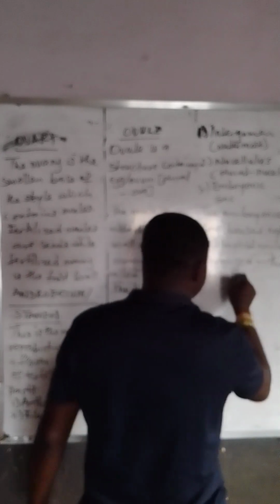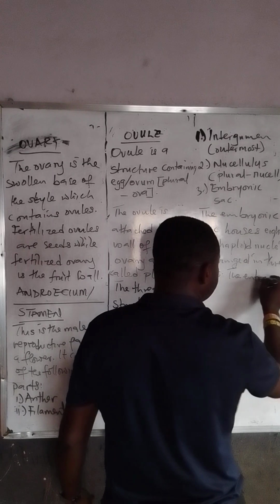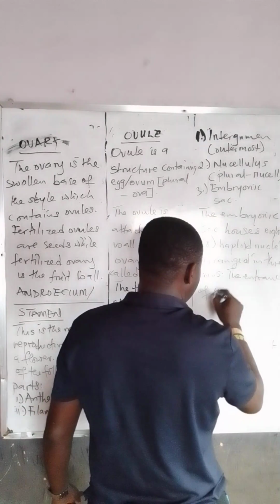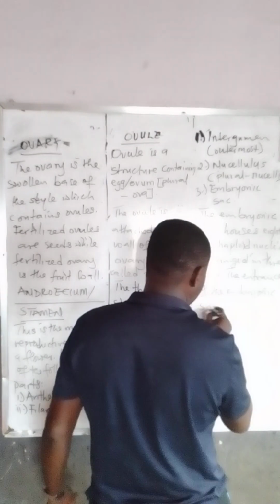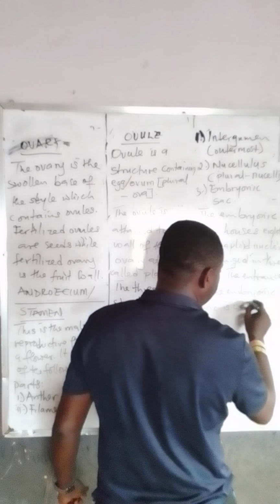Now, take note, the entrance of the embryonic sac is called micropyle.